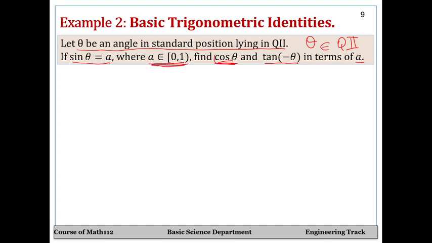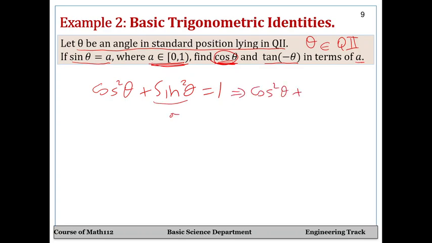How can we find cosine theta? The first thing is the relation between cosine theta and sine theta. Sine theta is A, so we have cosine squared theta plus A squared equal to 1. This tells us cosine squared theta is equal to 1 minus A squared.